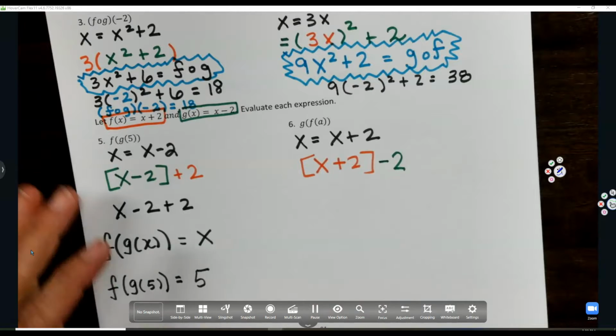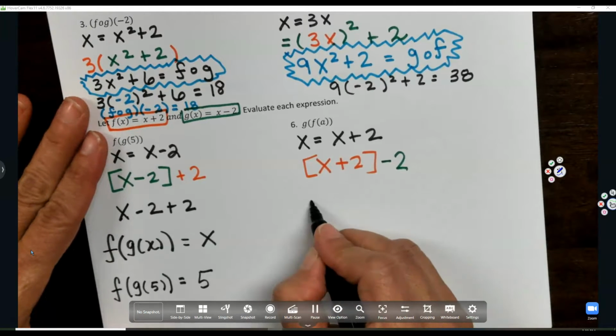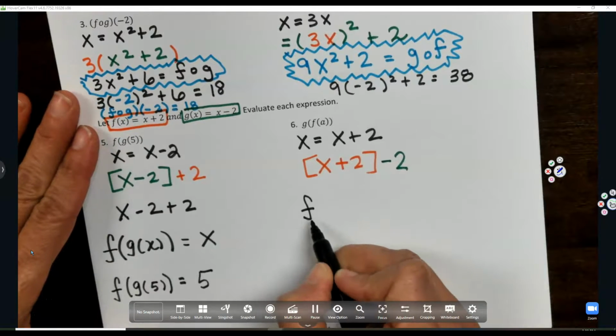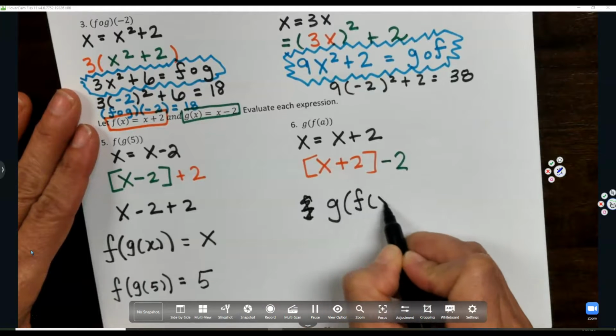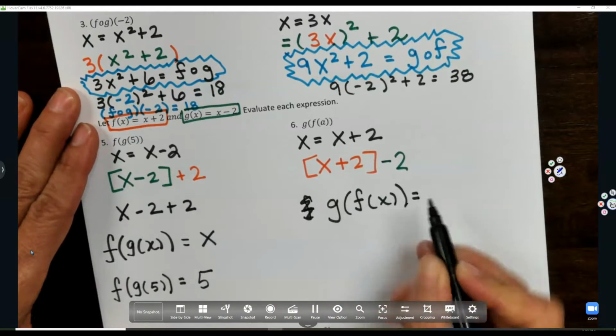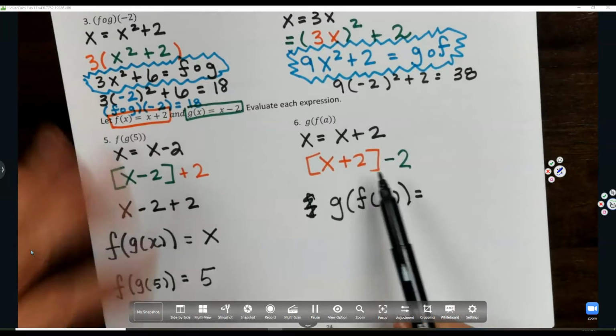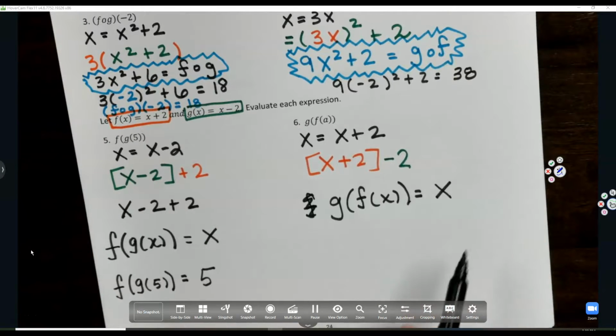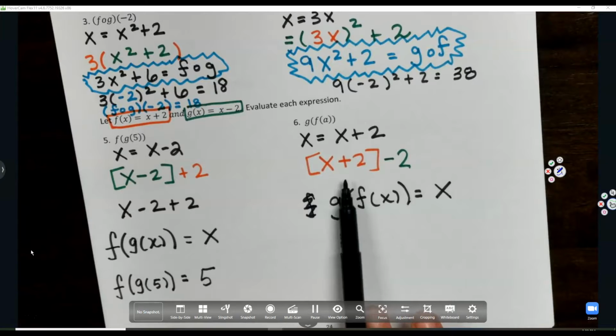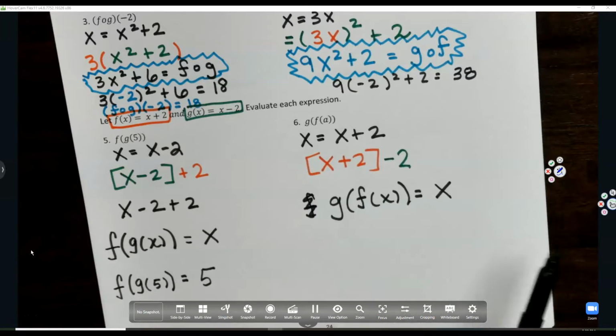Turns out to be the same exact thing, y'all. So I'm going to write g of f of x. Remember, all of that simplifies to just an x, which means whatever I put for the input, the output's going to be the same exact thing. So that's like my generic form.